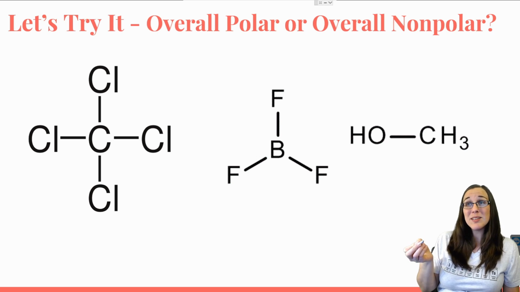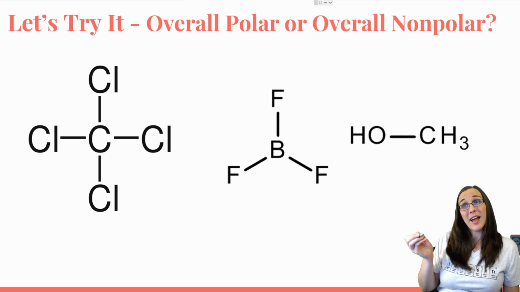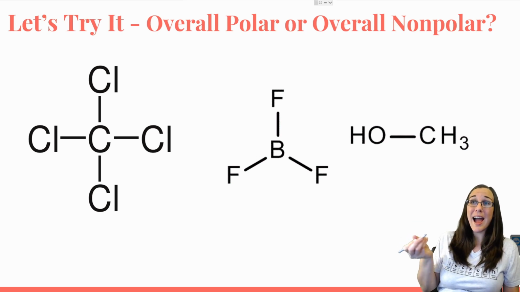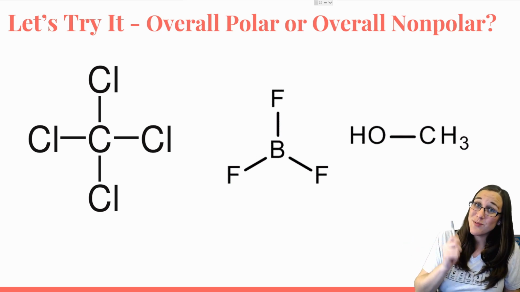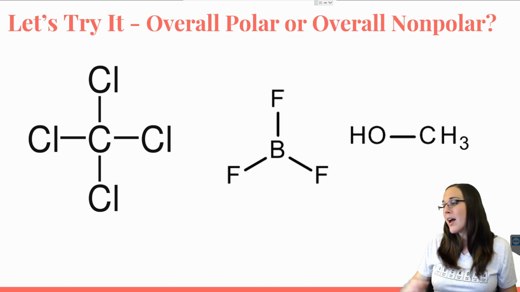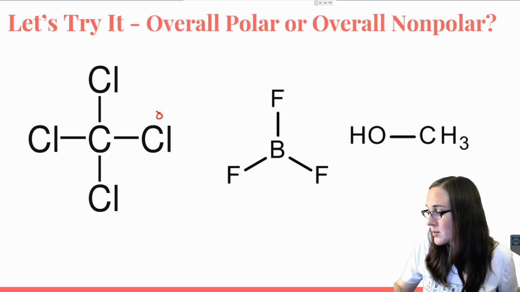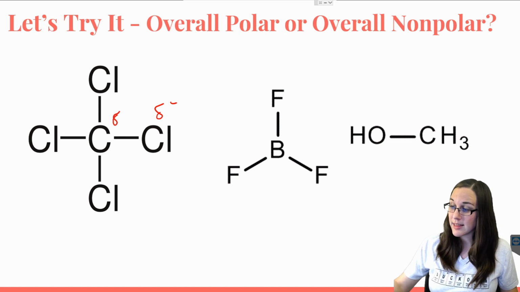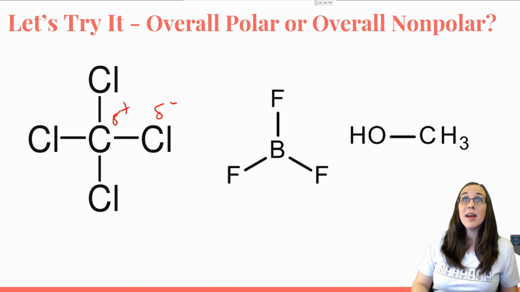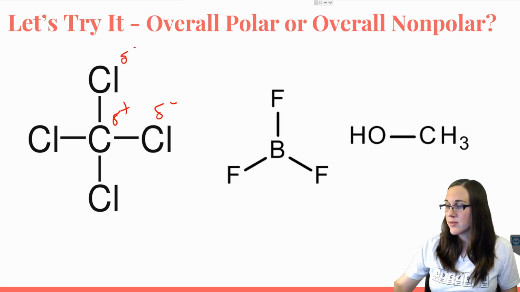And you should be able to see that chlorine is farther to the right than carbon is. It's also a halogen. So halogens are one away from noble gas. They are pretty freaking electronegative. So chlorine in this case is going to be slightly negative and carbon is going to be slightly positive. We can write slightly negative for all the other chlorines as well.